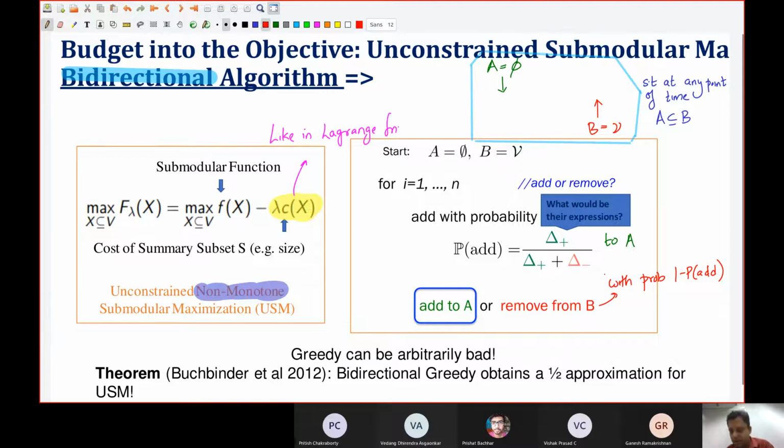I'll try and write it down. You can try and complete. So delta plus, what would it be? I'll use f lambda, but you may not have constraints, in which case lambda is 0. In fact, let me be more specific. Delta plus for E conditioned on something.